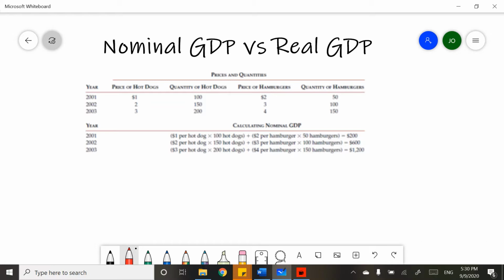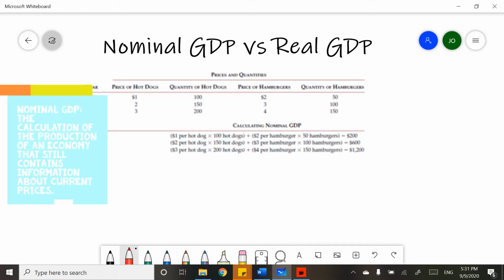This is a very simplistic economy. It only produces hot dogs and hamburgers. And we're going to measure the production of this economy over 3 years, 2001, 2002, 2003.